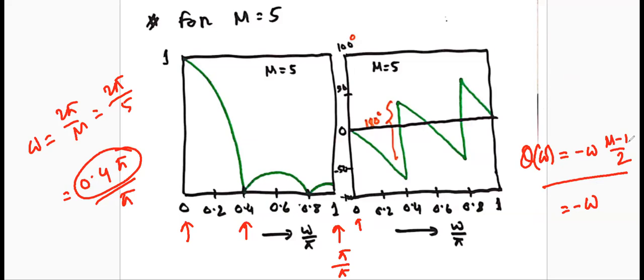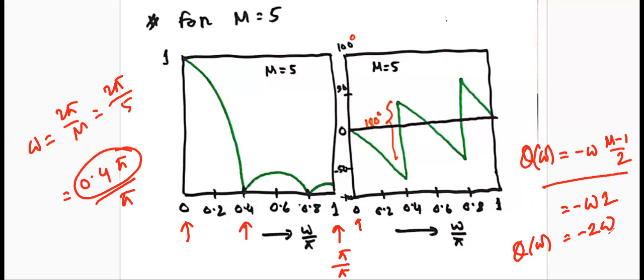M is 5. 5 minus 1 is 4. 4 divided by 2 is 2. So you can write minus 2 omega. That is our phase with respect to omega, and that is definitely linear.